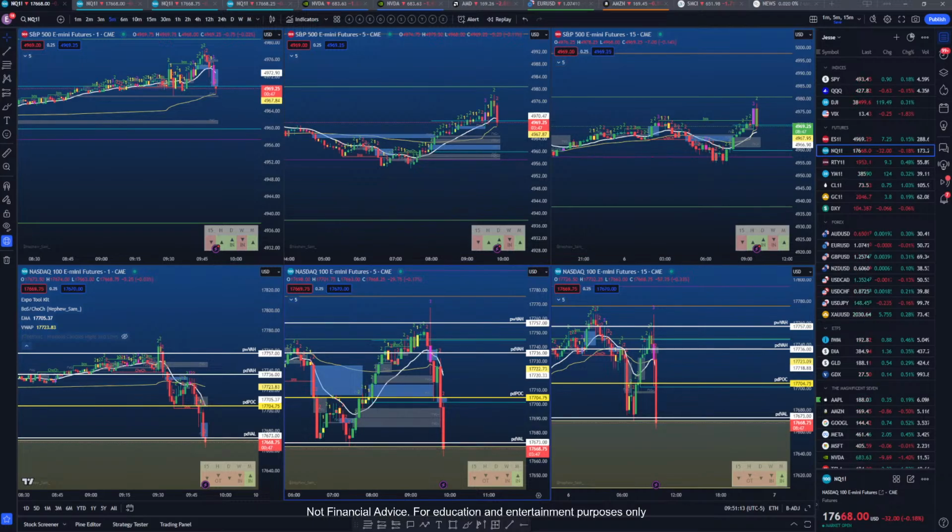All right, sitting at 10 points. Moving stops up, taking a little bit at 10. There's 20. Limit filled there.